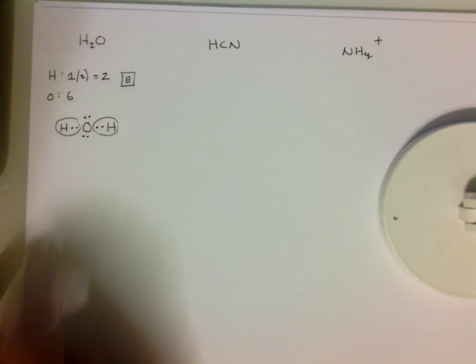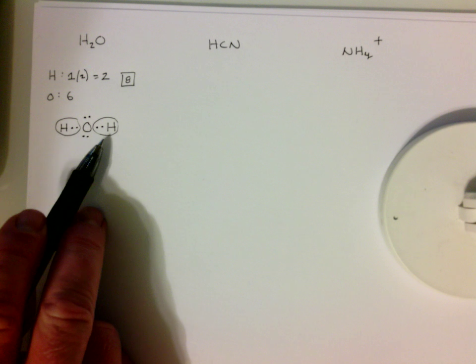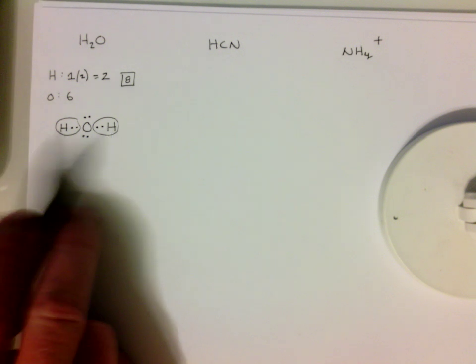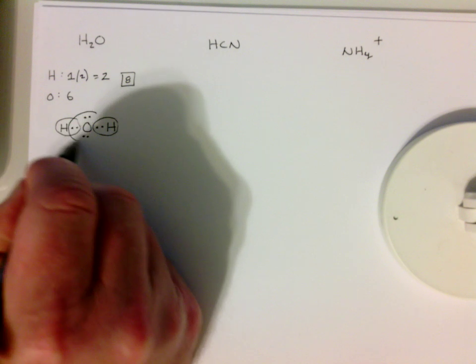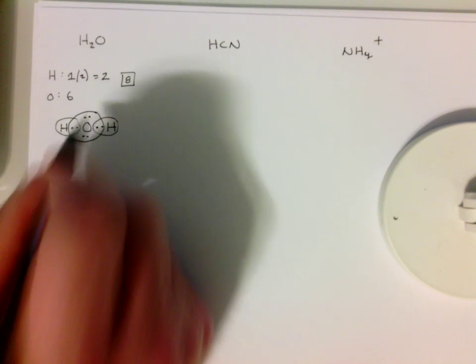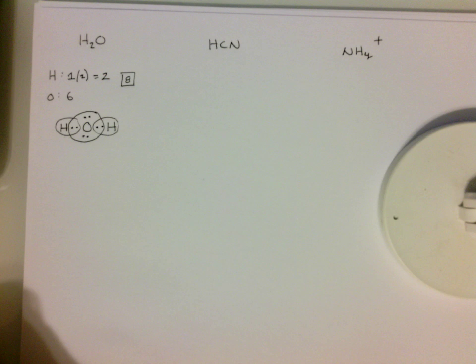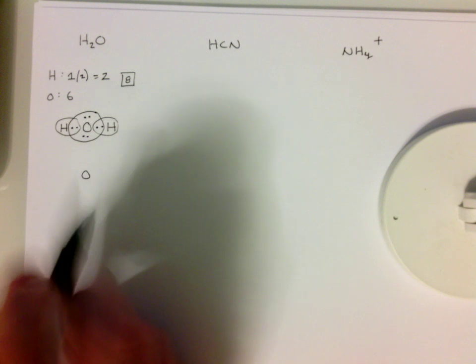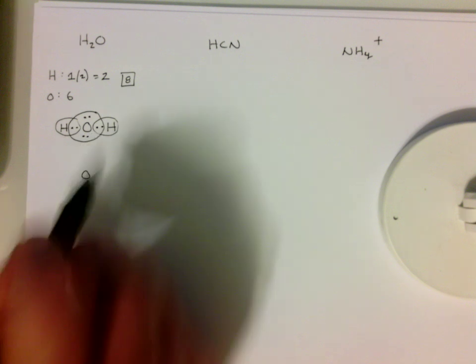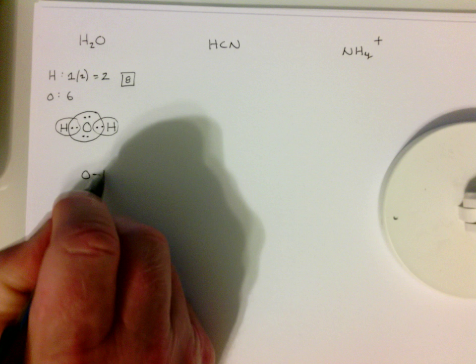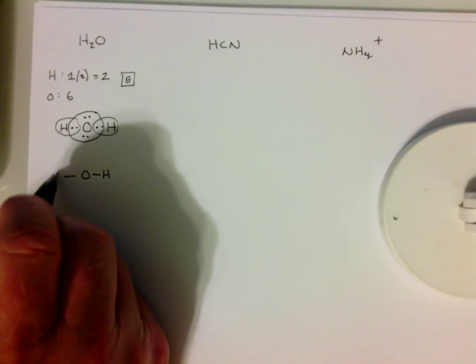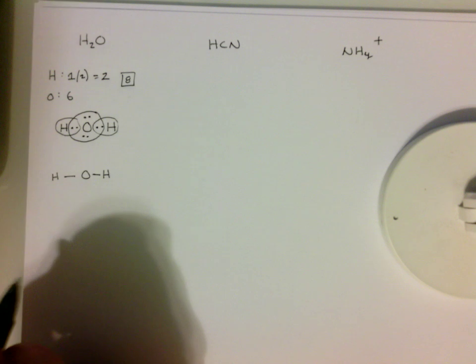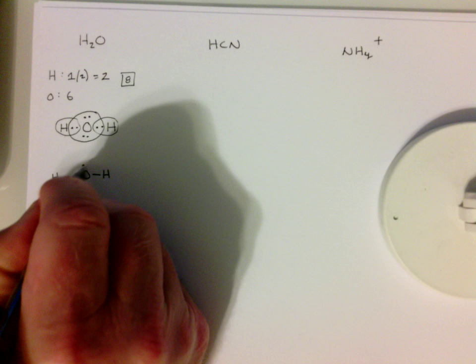So if we look at the structure, each hydrogen has 2 electrons completing its octet, and the oxygen in the middle has 8 electrons completing its octet. A cleaner way to draw this picture would be oxygen in the middle. Instead of the 2 dots, draw a single bond line to the hydrogen, draw another single bond line to the other hydrogen, and then leave the unshared pairs around the oxygen.